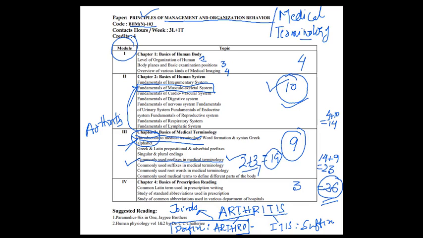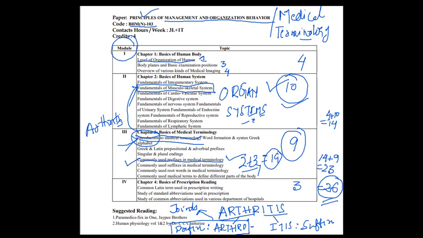Because if you have already covered the individual systems, that means you are already through with the concept of organ systems of the body. So once you know organ systems, it is very easy to understand the concept of levels of organization of humans. That exactly is the first topic of module 1.